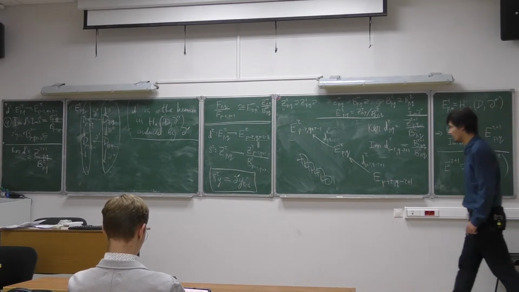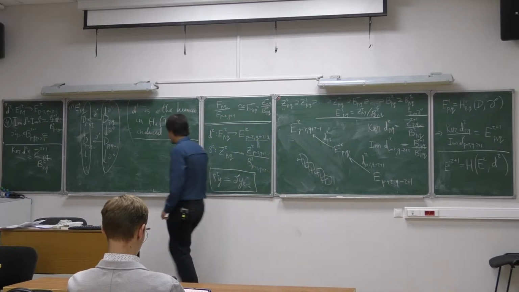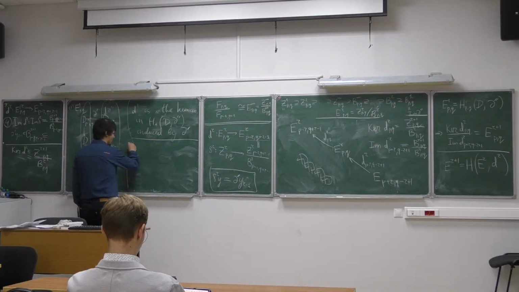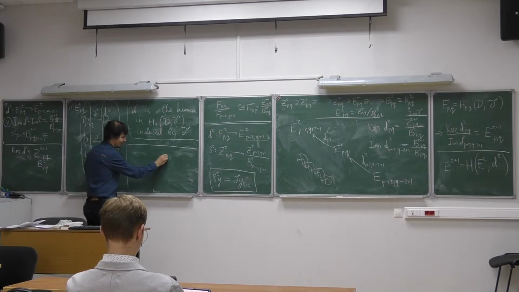Well, also I would like to, it is convenient to, well, such a picture is rather useful. This is D1. It goes by 1 to the left.